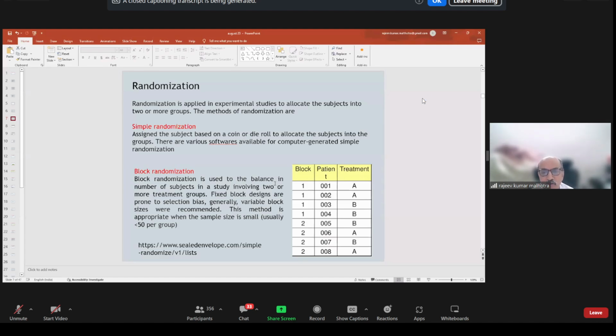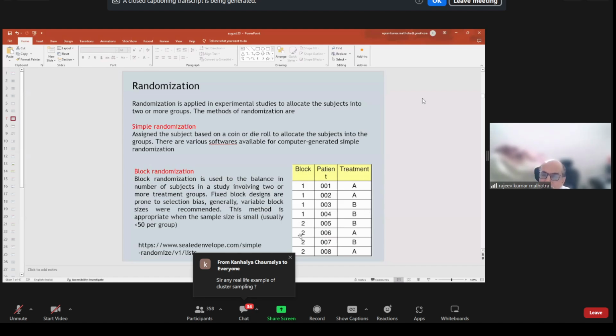I will take one example here. The block size is 4, and we have to randomize treatment A and treatment B. The first patient goes to treatment A, the second to A, the third is B, and the fourth is B. So in each block there are two A patients and two B patients. That is called balancing.